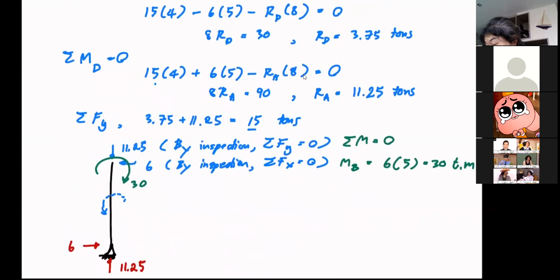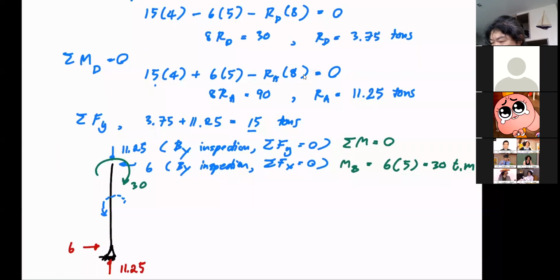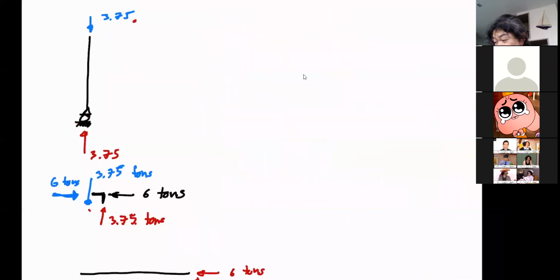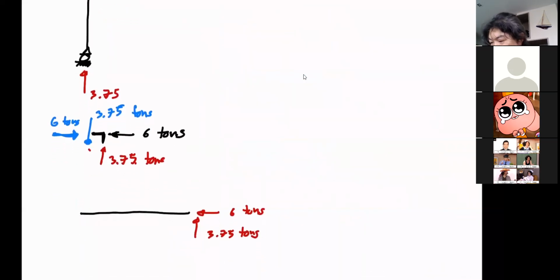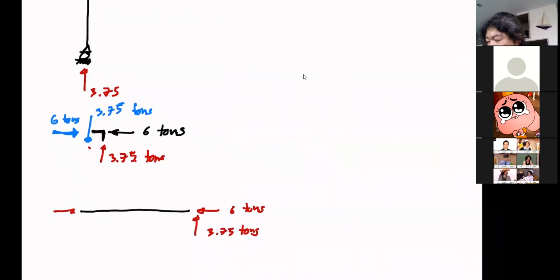That 6 to the left, so that one is 6 to the right and 11 1/4. 6 to the right. So you see, oh, 6 to the right, how's that? So our sigma Fx is taken care of, right? Nicely done. And 11 1/4 comes here.